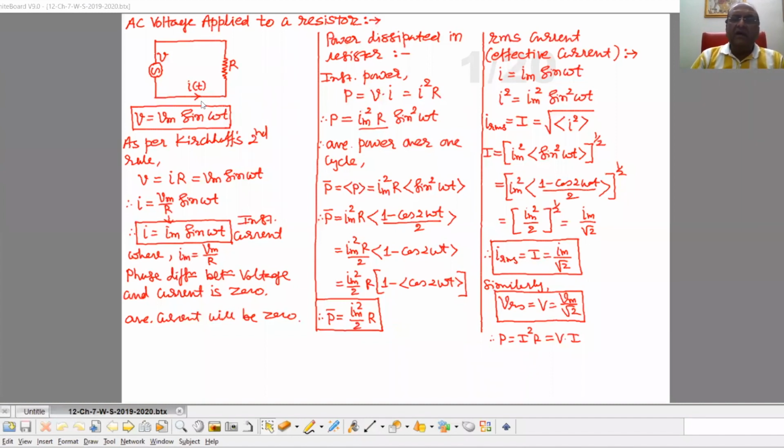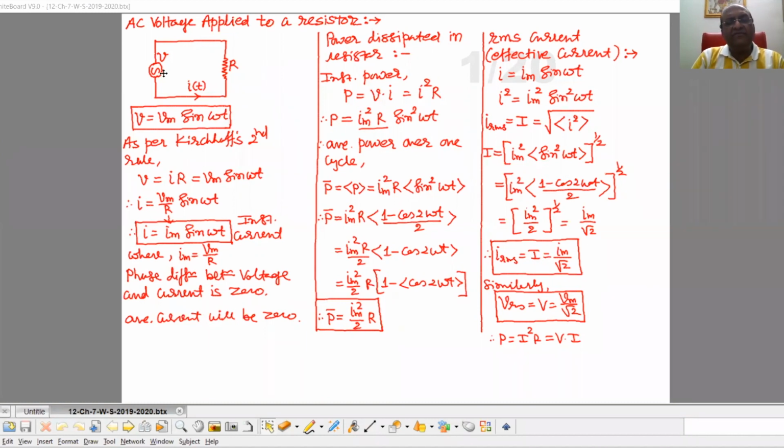Be careful: whenever you represent the current in any AC circuit, always represent time with it, because this is alternatively changing current, meaning the direction of the current is continuously changing as per the positive and negative half cycle of the AC supply voltage.